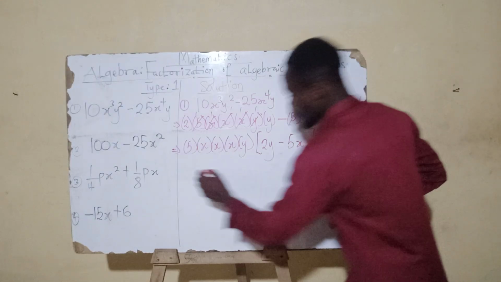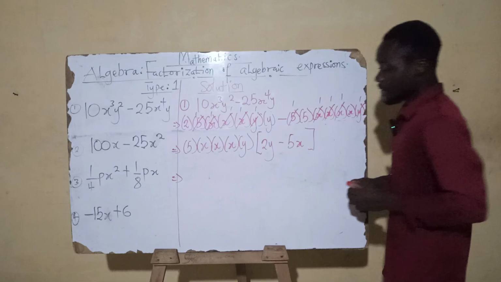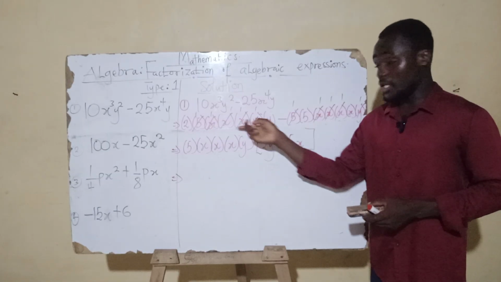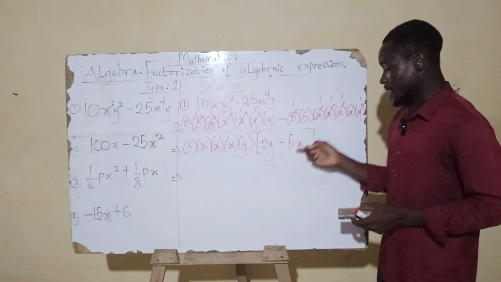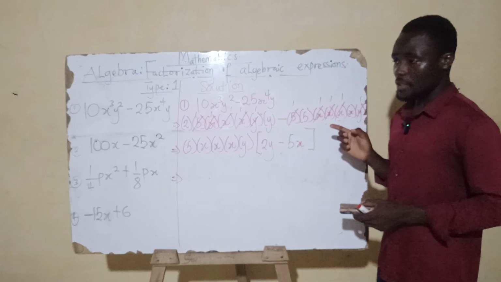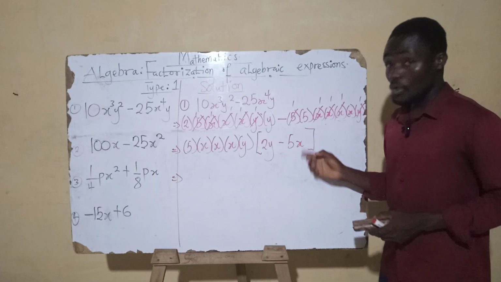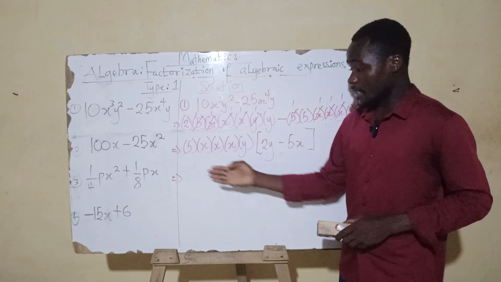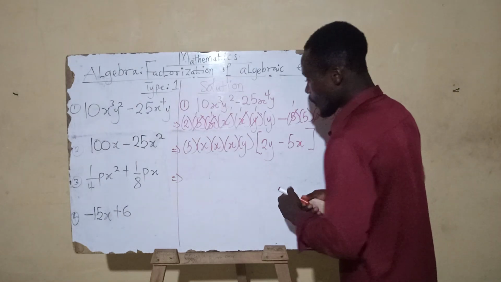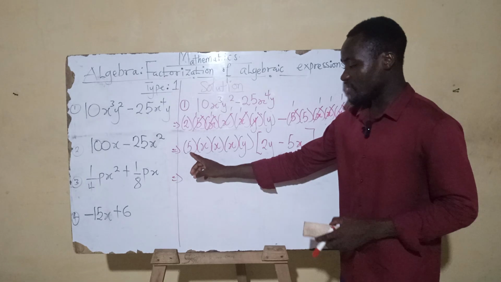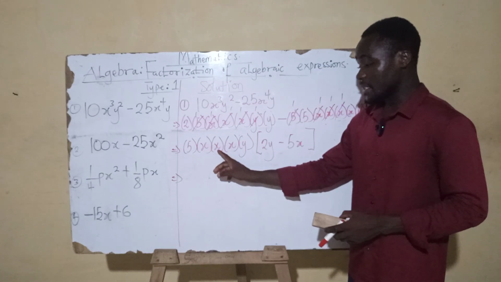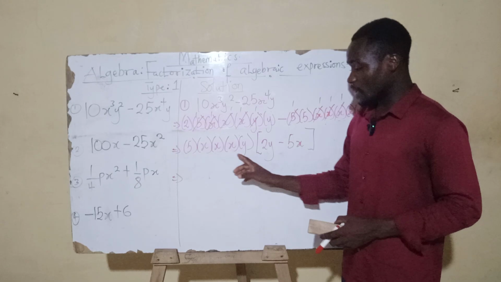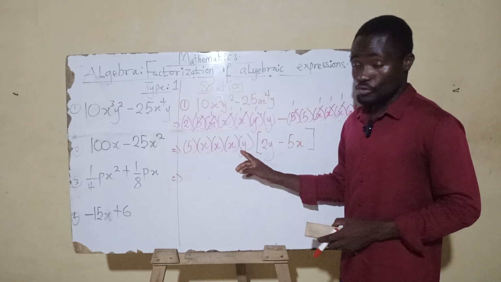Okay, so now let's continue with the process. I believe you are following the concept. The 2y was left here, and then 5x was left here. Are you getting me? So these become the uncommon terms. Now my next approach is I'm just going to multiply what I have here. Multiplying that, 5 multiplying x is 5x, multiplying this 5x squared, multiplying this is 5x cubed, multiplying this is 5x cubed y.